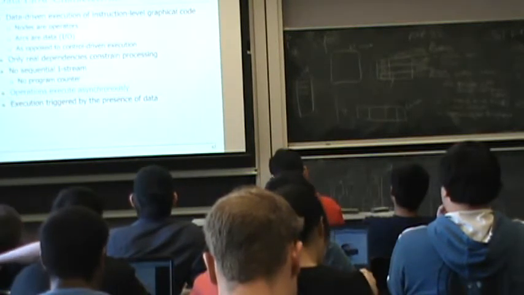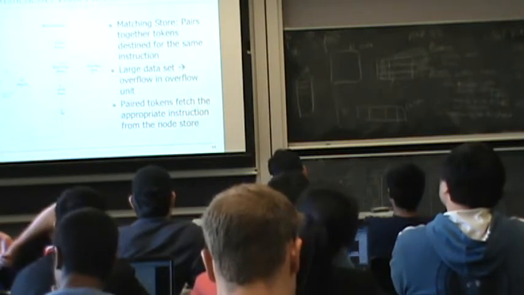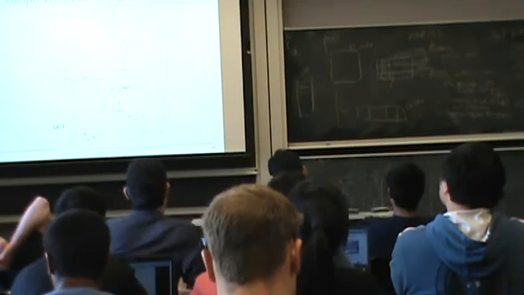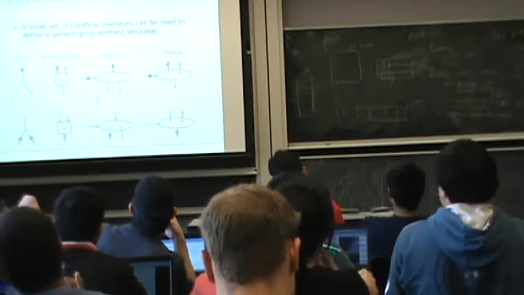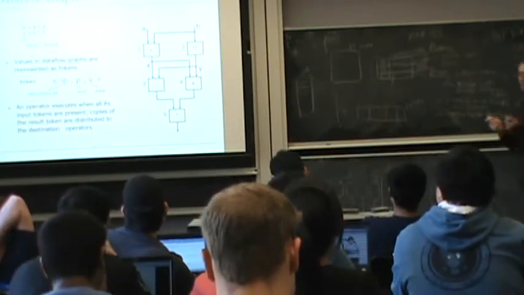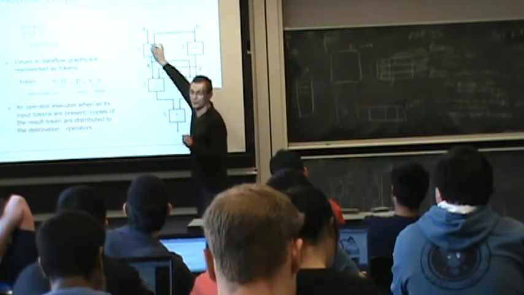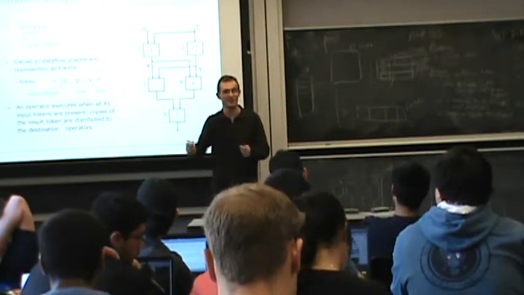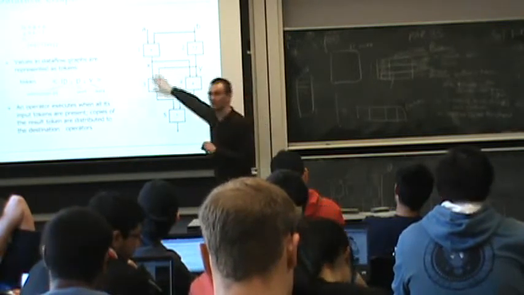No, wait, it's going the wrong way. Okay. You remember the idea in data flow, right? You don't have a program counter. Instructions are represented as nodes, and an instruction executes when both of its operands are ready. In fact, the instruction is fetched and executed when both of its operands are ready.